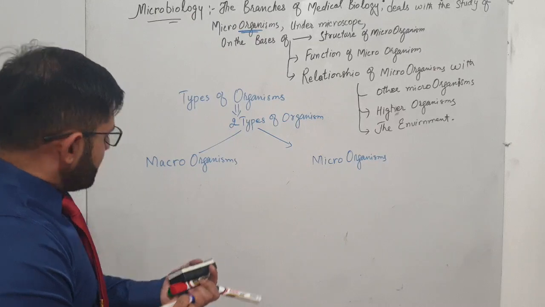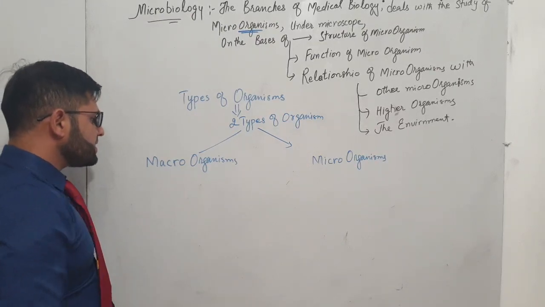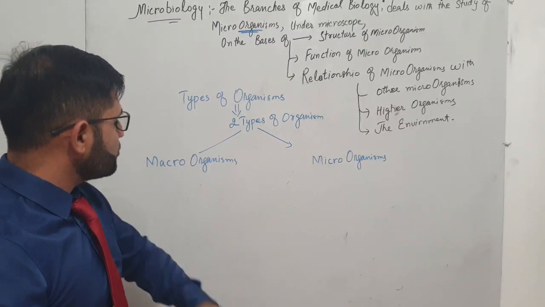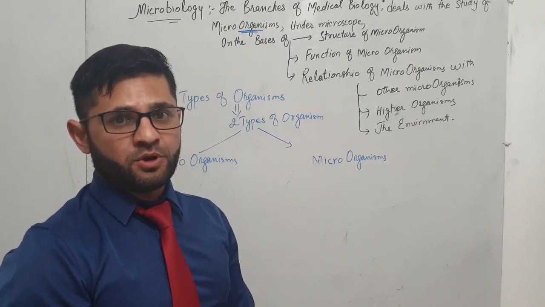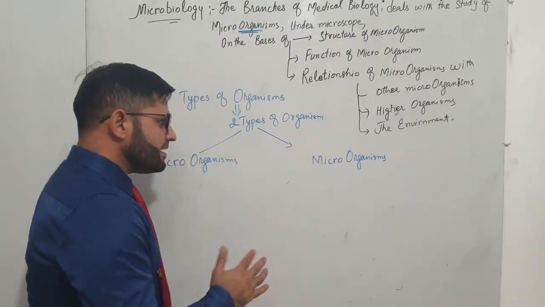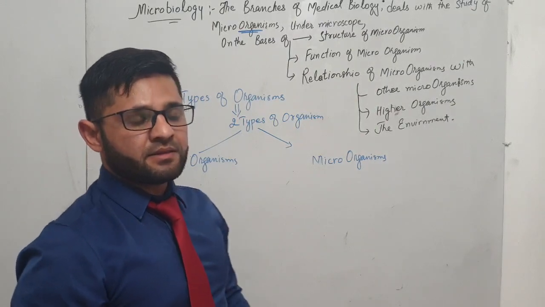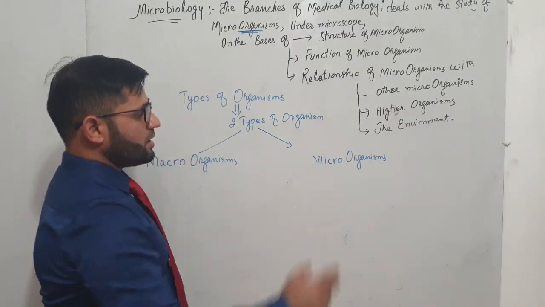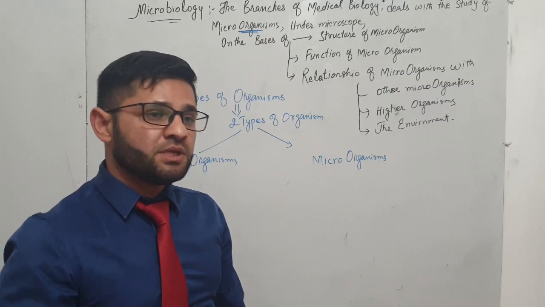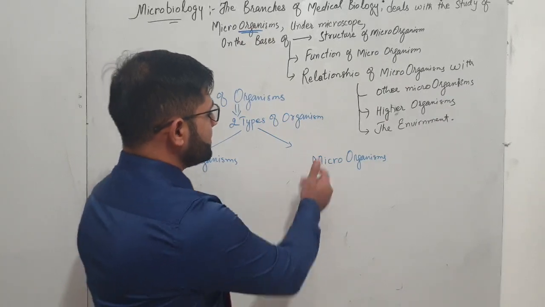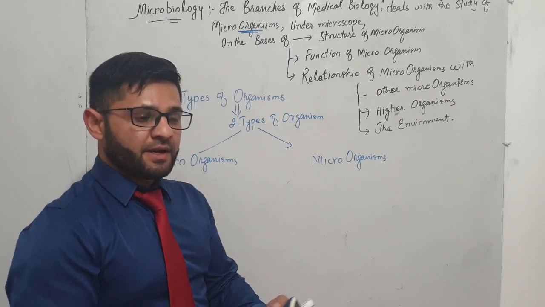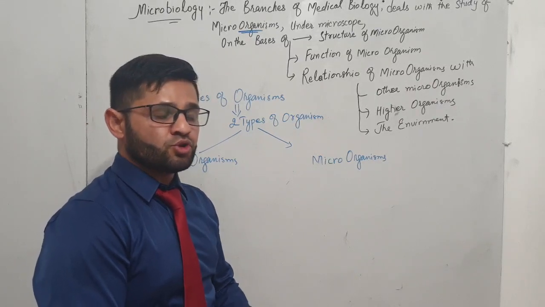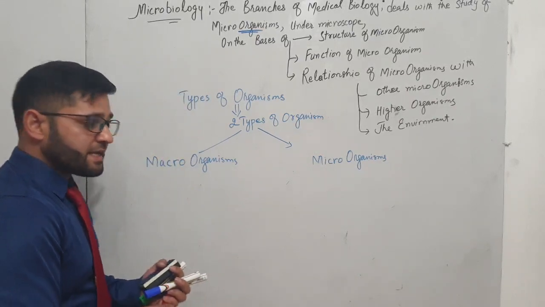In the previous classes we discussed that macroorganisms are those organisms which are visible to the naked eye, and micro are those which can't be seen by the naked eye. But as you have come to the higher classes, your definition should be more precise.